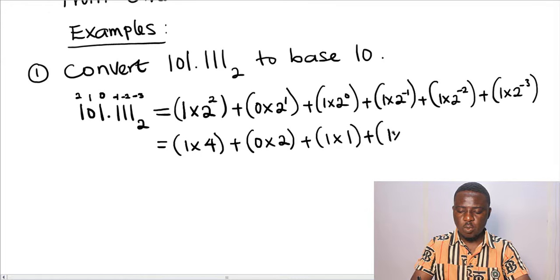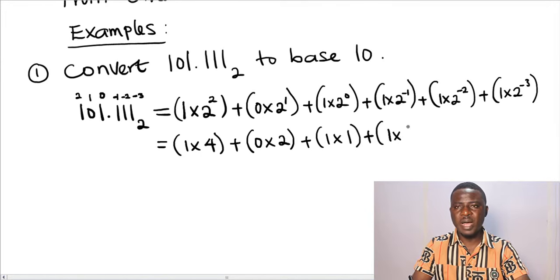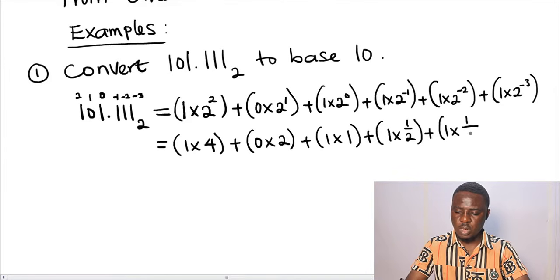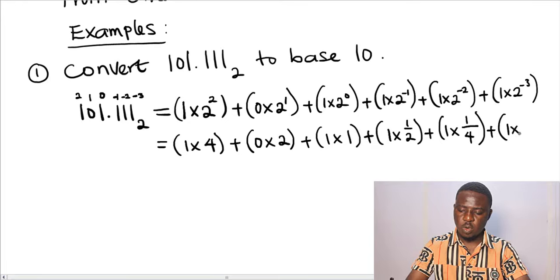Plus 1 times 2 to power minus 1, which is a half, plus 1 times 2 to power minus 2, which is 1 over 2 raised to power 2, and 2 raised to power 2 is 4, plus 1 times 2 to power minus 3, which is 1 over 2 raised to power 3, and 2 raised to power 3 is 8.